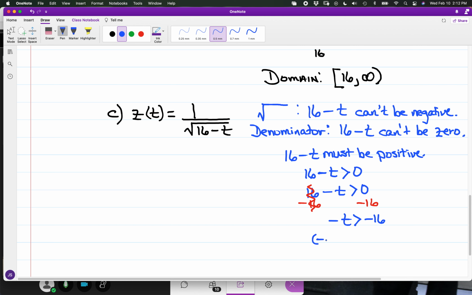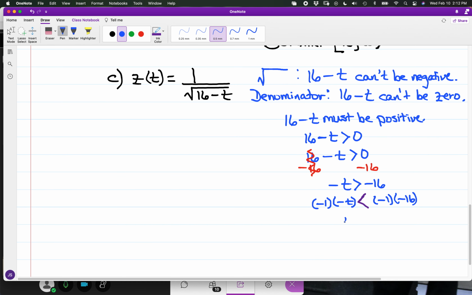Again, if you change the sign values at both ends so as to convert from negative to positive t, again, we have the inequality direction to change from greater than to less than. So we're going to have that t is less than 16.